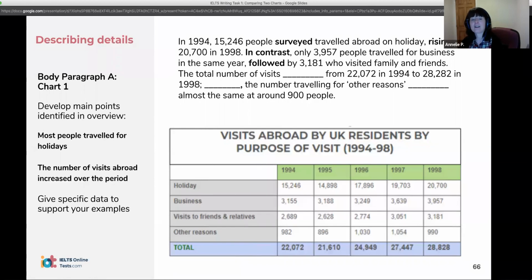Okay, very nice. I quite like ranged, increased, rose. So we've got increased. All right. And then, so that's a movement, an upward movement. And then we're contrasting this with the other reasons where there wasn't really any increase at all.